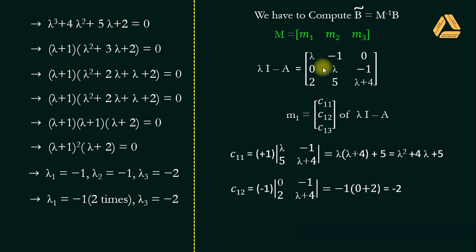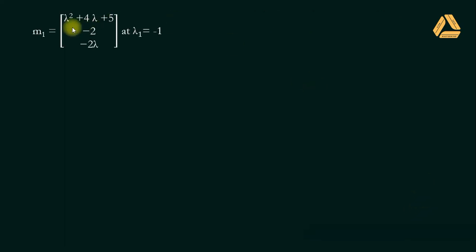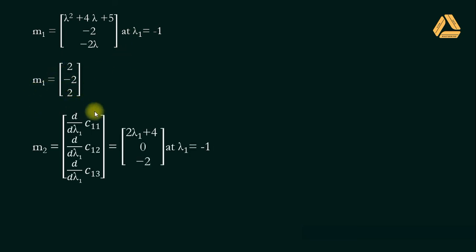So minus 1 into 0 into lambda plus 4, 2 into minus 1. On solving this, you will get minus 2. C13, the cofactor of this one, is nothing but 5 into 0 minus lambda into 2, which gives minus 2 lambda. So I got the elements of the M1 vector, which is nothing but lambda square plus 4 lambda plus 5, minus 2, lambda. Substituting lambda 1 equal to minus 1, you will get M1 as 2, minus 2, 2.